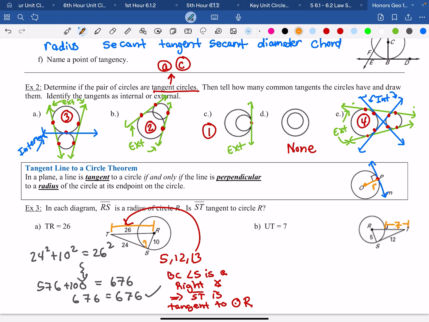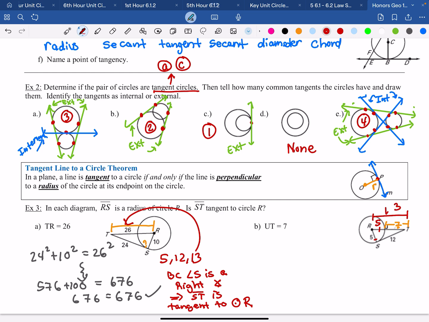We know RS, one leg is 5, the other leg is 12. Now be careful here. Remember, all radii are equal. This is a radius and this is a radius. If this is 5, this has to be 5. So if you add them up, 7 plus 5 is 13.